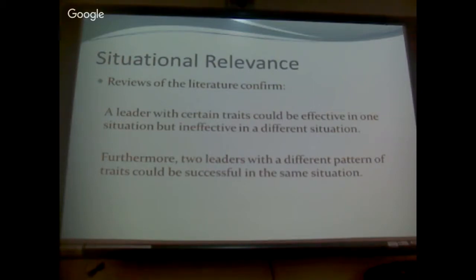The example I was giving previously: we have entrepreneurial organizations, business startups, and that takes perhaps one set of traits or characteristics or competencies, and then as that organization grows and becomes an organization where they have perhaps a significant market share at a national level, that's a different set of competencies.